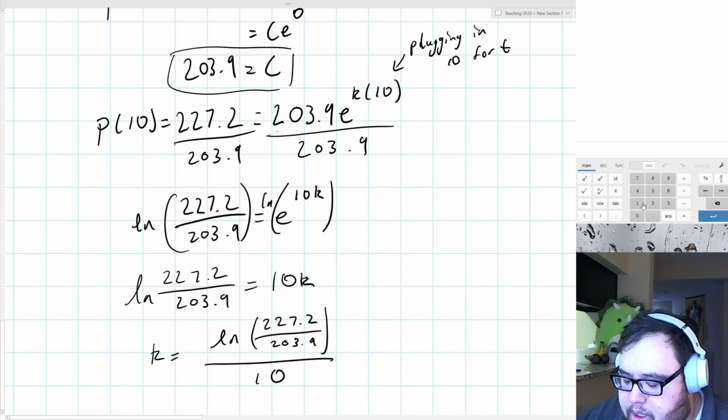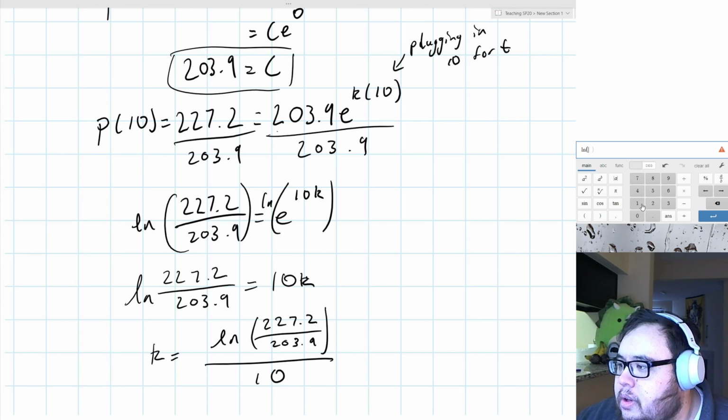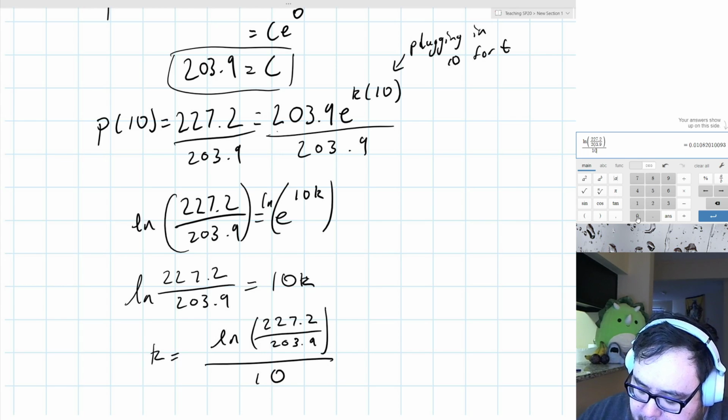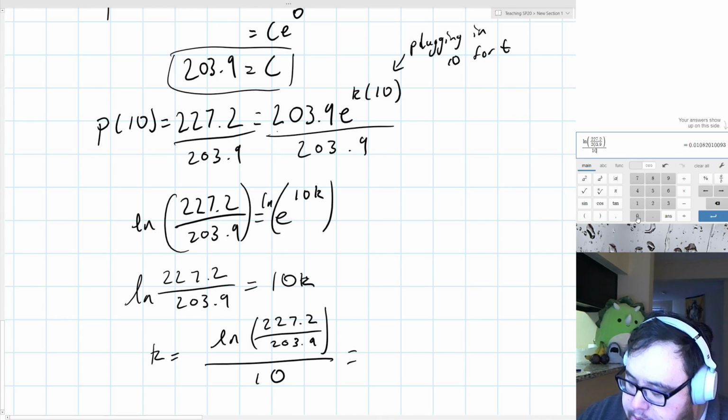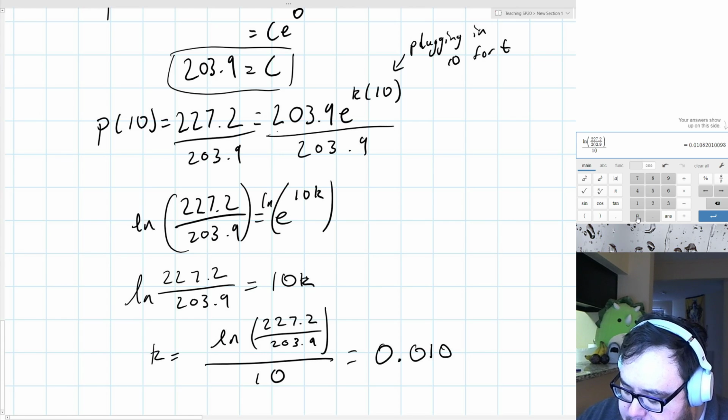So let's go ahead and plug that in real fast. That's the natural log of 227.2 divided by 203.9, all divided by 10. And we get our k value of approximately 0.0108.